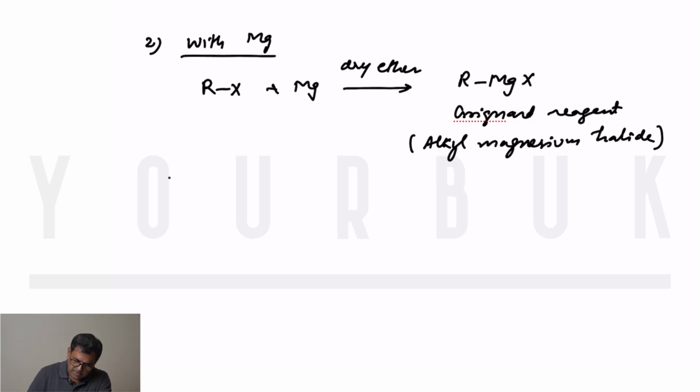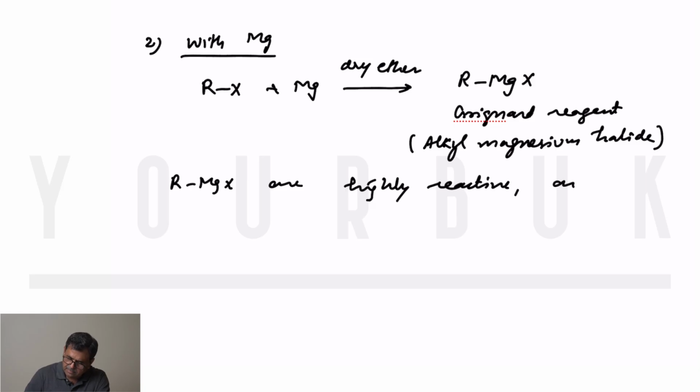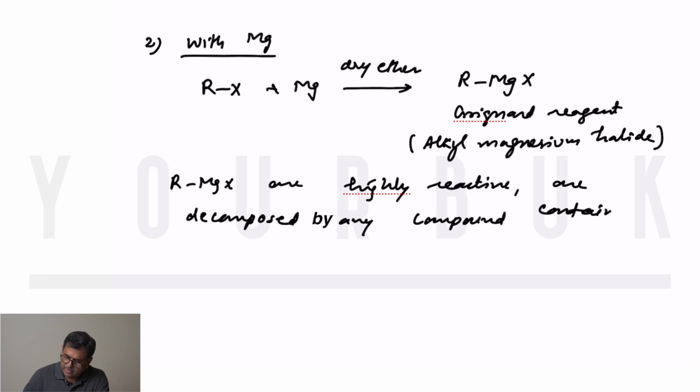And these magnesium compounds are highly reactive and are decomposed by any compound containing active hydrogen. For example, the Grignard's reagent can be decomposed by water, can be decomposed by alcohol, phenol, carboxylic acid.